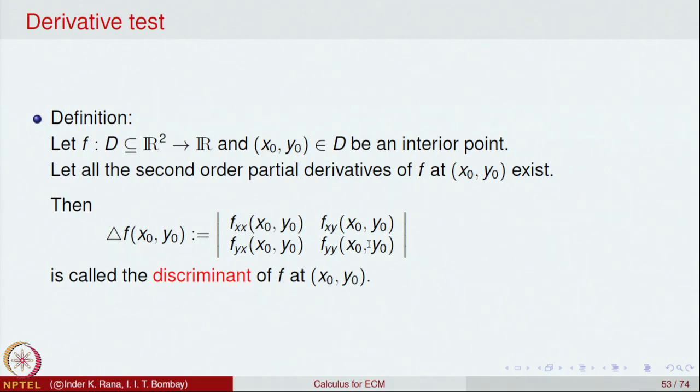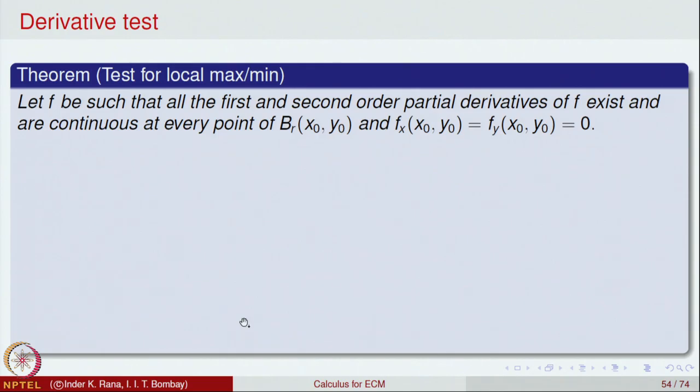In case you have not seen this kind of object earlier, you just cross multiply. So, this can also be written as f_xx times f_yy minus f_xy times f_yx. So, that is the expanded form of this 2 by 2 determinant, the discriminant.